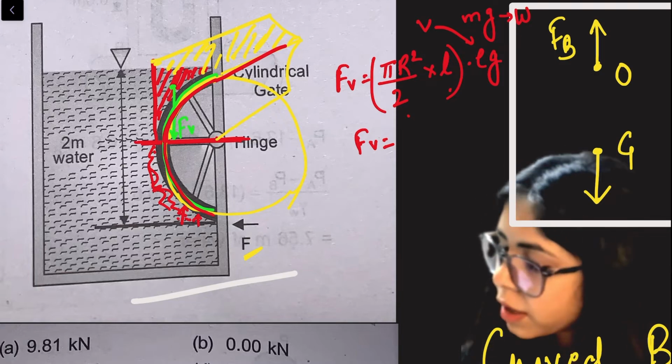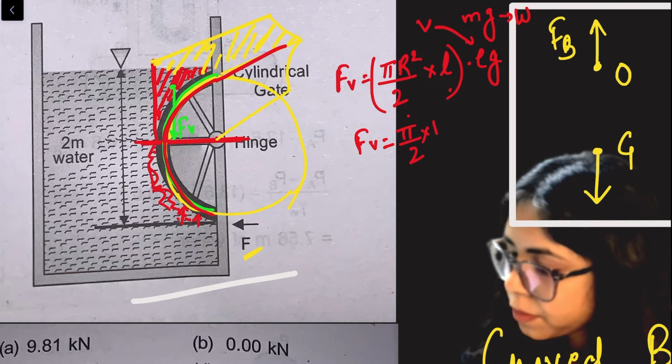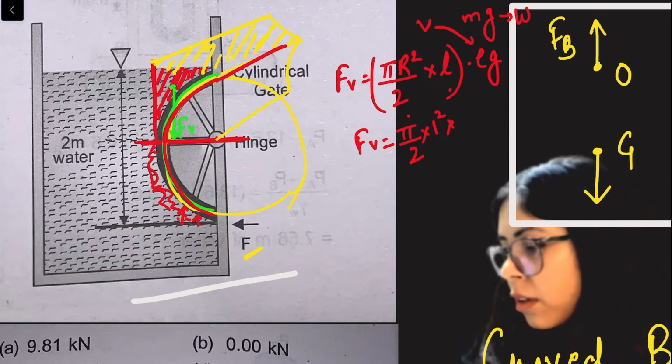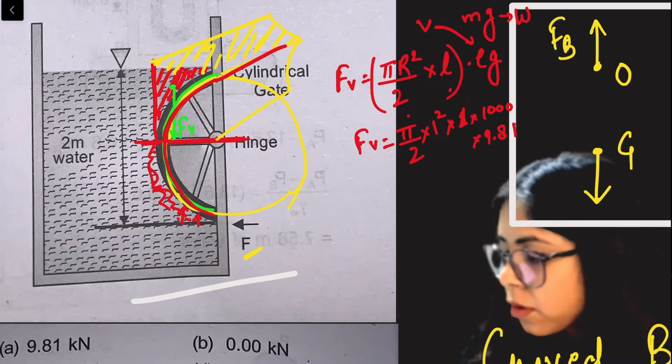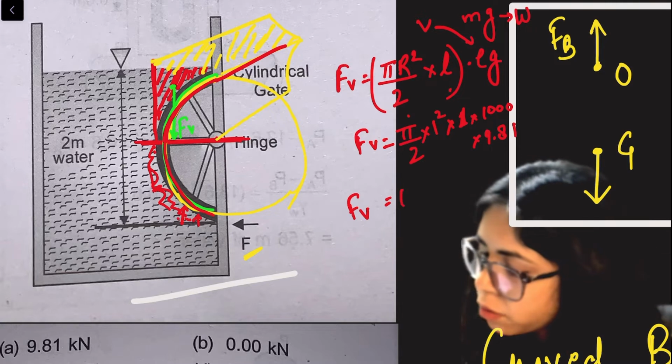Put the values. We have pi by 2 into radius is 1 square into length, I am taking unit, I don't need to consider that. Let's say 1, this also, into 1000 into g 9.81. Okay, so the vertical force I got is around 15.41 kilonewton.